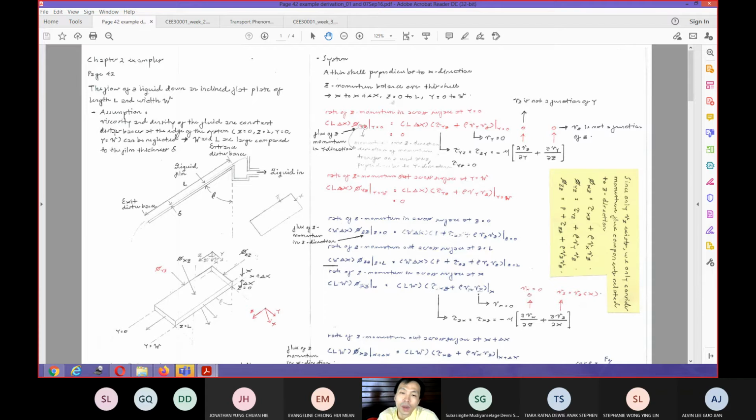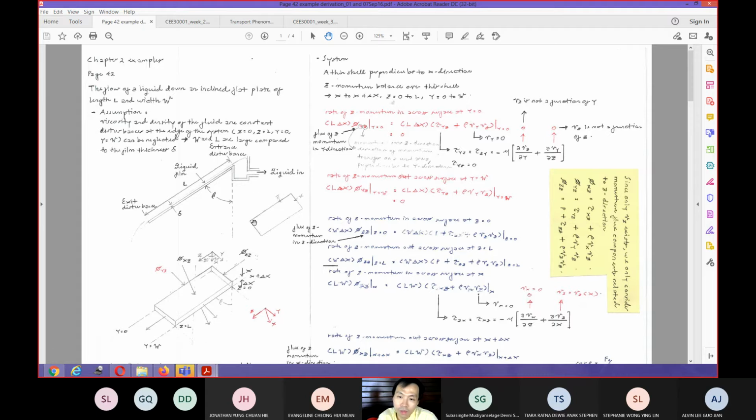Now we take the assumptions first. The viscosity and density of the fluid are constant, so we don't care about the variations of these two properties. The disturbances at the edge of the system at z equals 0, so at z equals 0 is at this particular position, and at z equals L at this particular position.